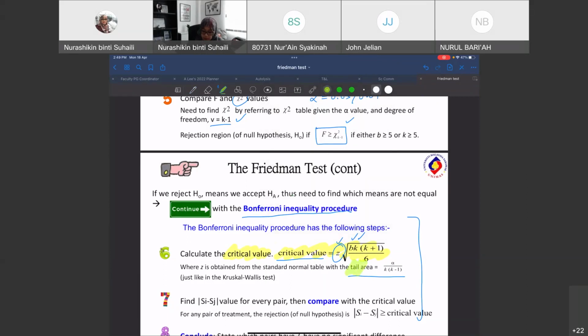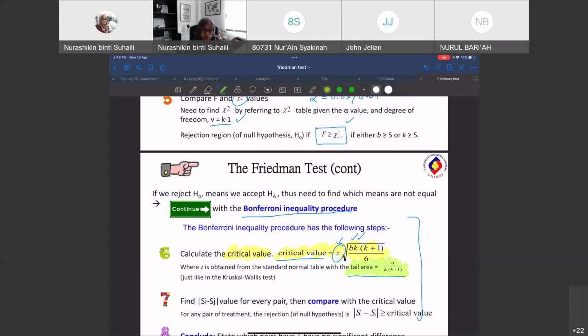The tail area is given by this formula. It's the same formula as in Kruskal-Wallis: alpha divided by K multiplied by K minus 1. Alpha depends on whether it's given or whether you have to define it. K is the number of treatments, number of samples.